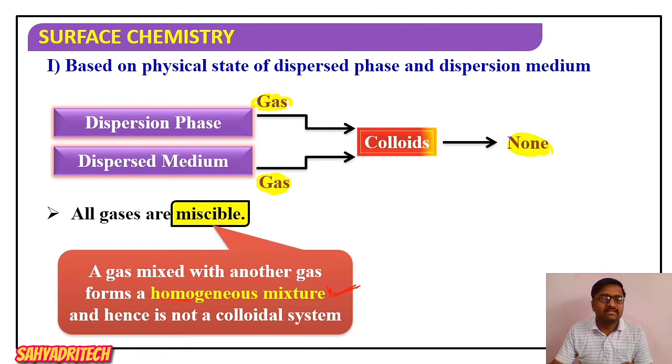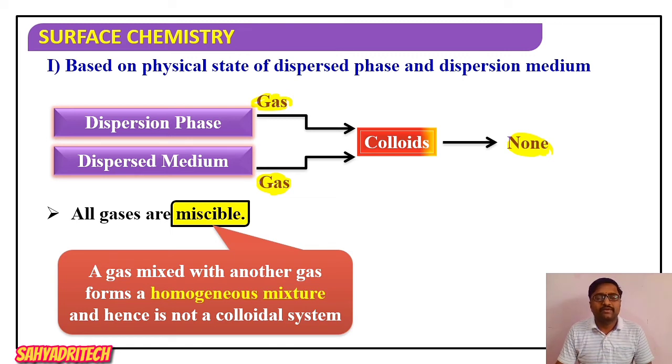To be a colloid, it must be a heterogeneous mixture. But since all gases are miscible with one another, it constitutes a homogeneous mixture, and hence it does not constitute a colloidal system.